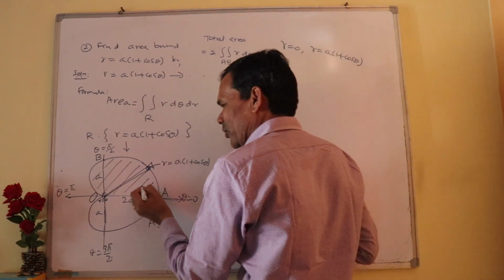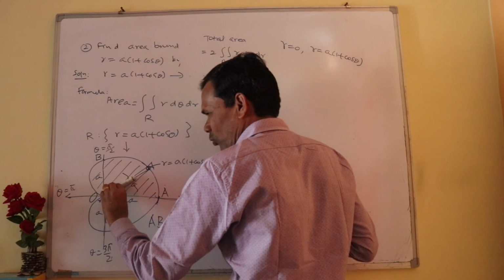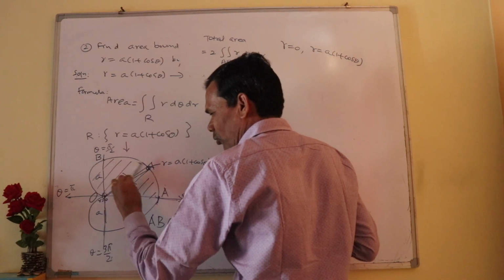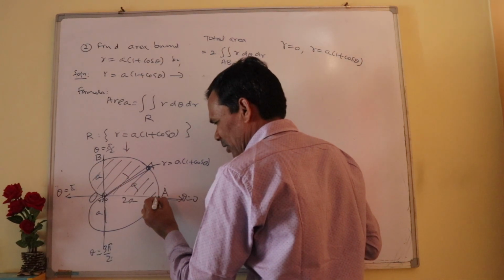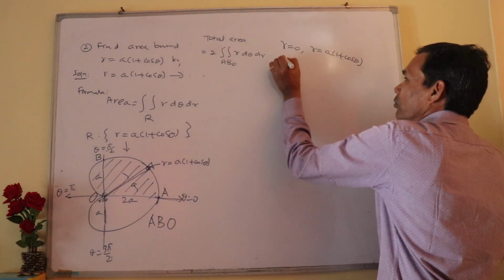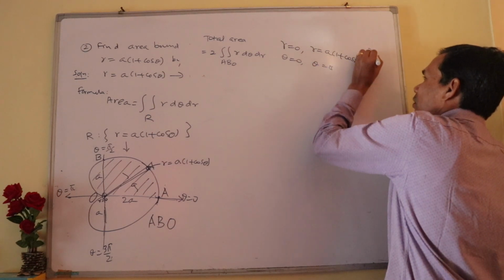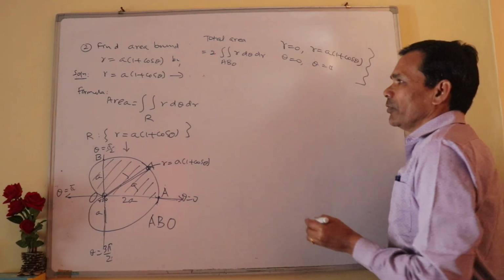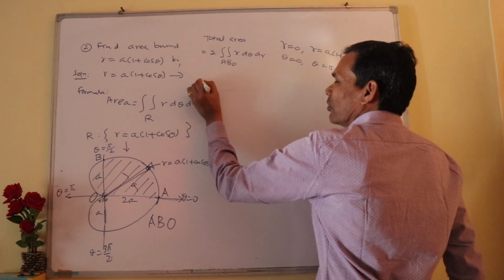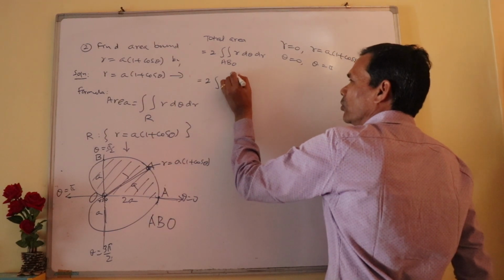And you have to move this strip in order to cover this region, means theta goes from this position to this position, theta equal to 0 to theta equal to pi. So these are the limits here. So we put the limits there. This is equal to 2 times, r from 0 to a.